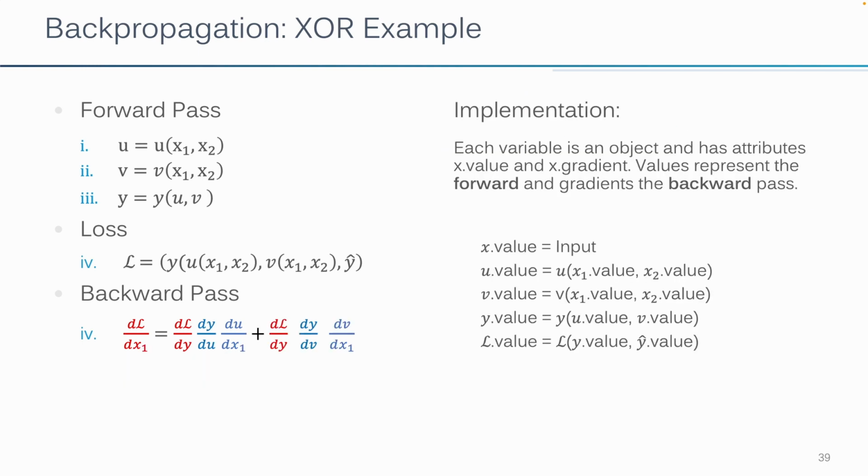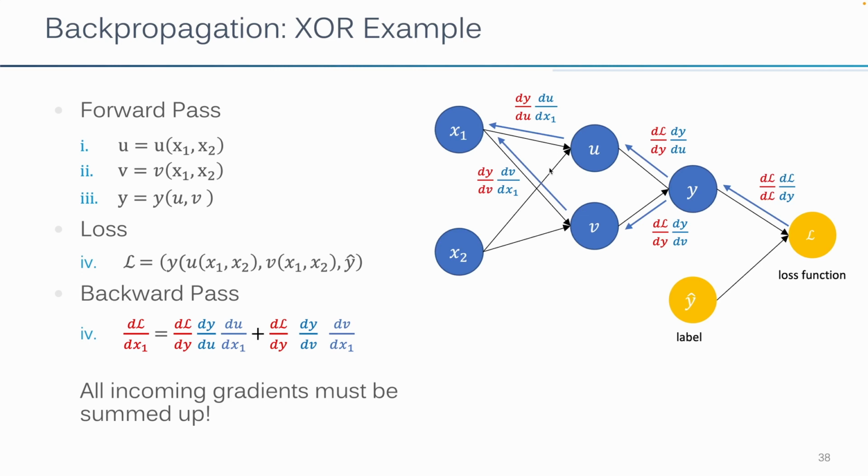And now we can compute basically any input of the neural network, x1 and x2. If we want to do something for x1, we go the way back from u and v. Those are two gradients coming from x1, because it's connected to both u and v. So we take the loss in dependence of y times y in dependence of u, the upper road, times u in dependence of x1. So we go all the way top, top, top.